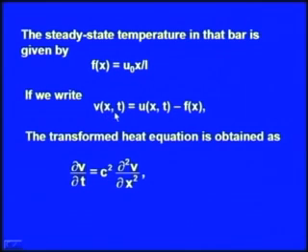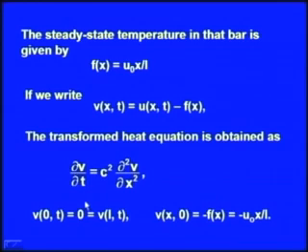So, ∂²v/∂x² is the same as ∂²u/∂x², and therefore, the heat equation which we had assumed as ∂u/∂t equal to c² ∂²u/∂x² is transformed into ∂v/∂t equal to c² ∂²v/∂x².